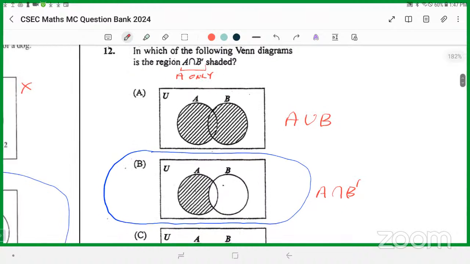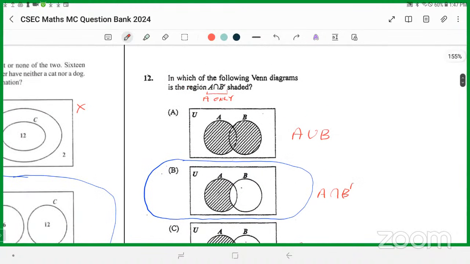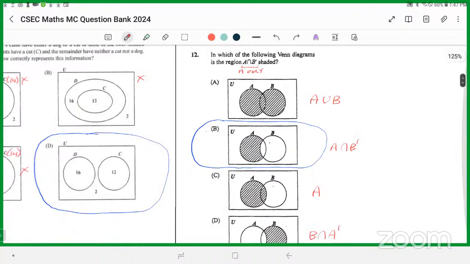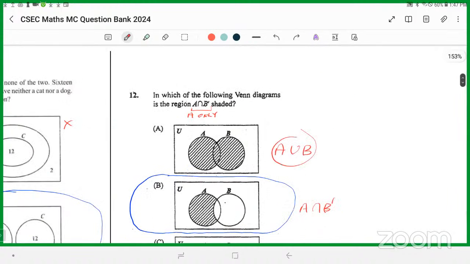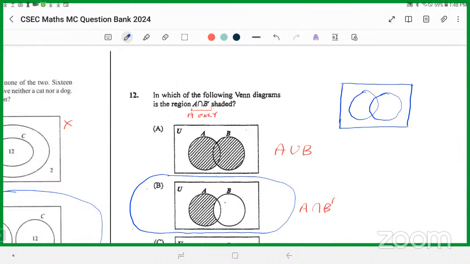Note the difference. To draw A intersect B, it will be inside here shaded.